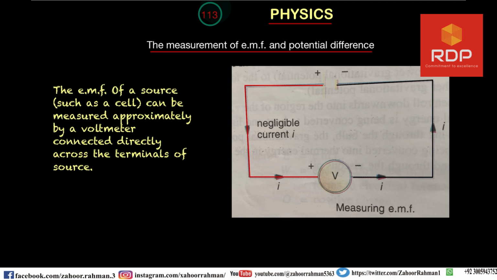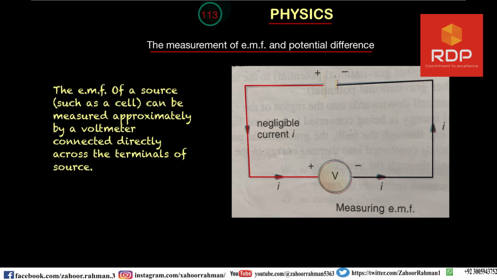Note that the current I, which is usually very small, flows into the positive or red terminal of the voltmeter and leaves by the negative or black terminal. Note also that the positive terminal of the cell is connected to the positive terminal of the voltmeter, and the negative terminal of the cell is connected to the negative terminal of the voltmeter.